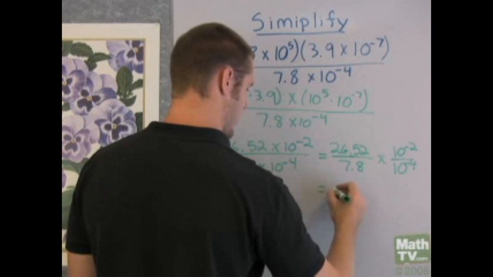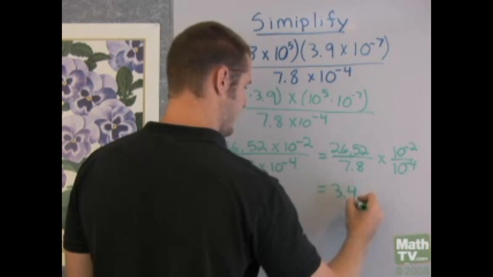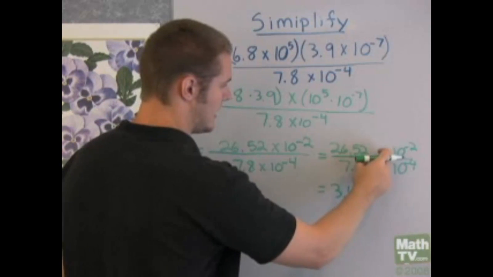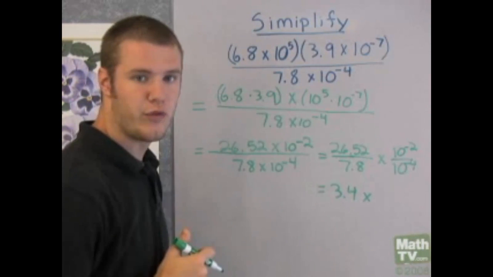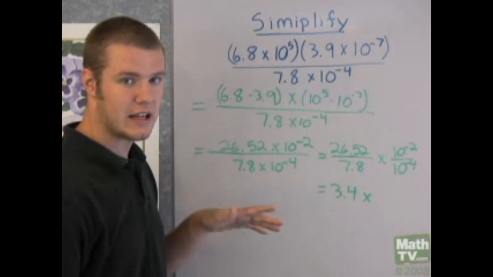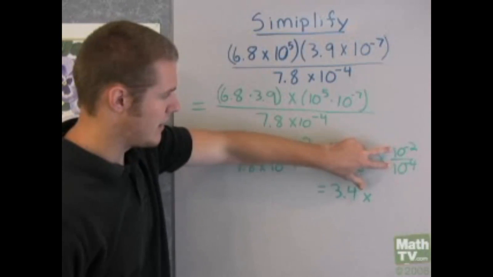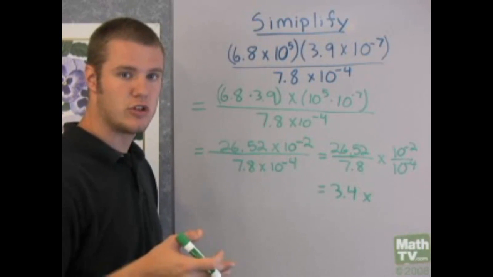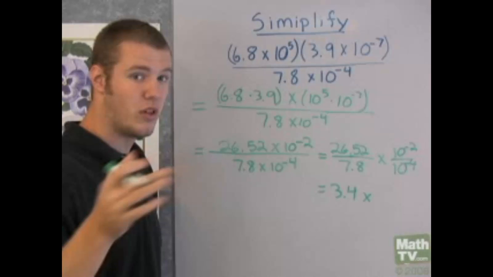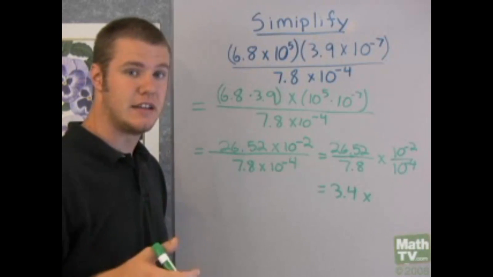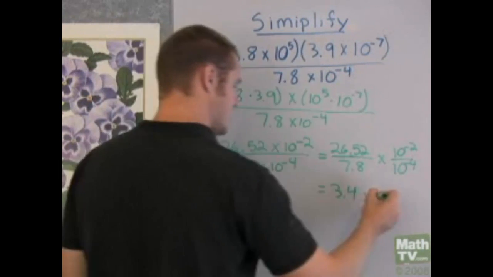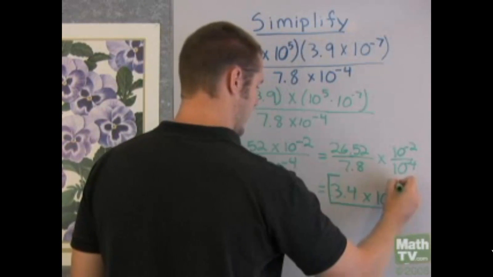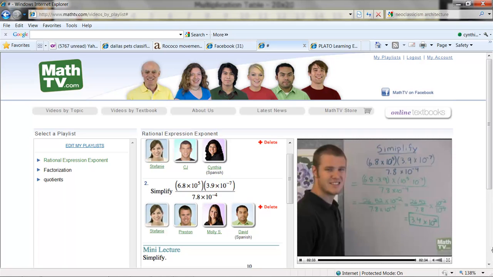So this is equal to 3.4 times, now when you do this division, 10 to the negative 2 over 10 to the negative 4, you subtract the exponents, since the bases are the same, so it's negative 2 minus a negative 4. Negative 2 plus 4 is going to be 10 to the 2. So times 10 squared for the final answer.